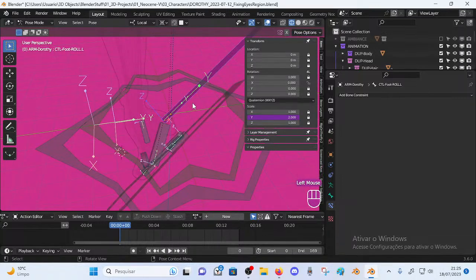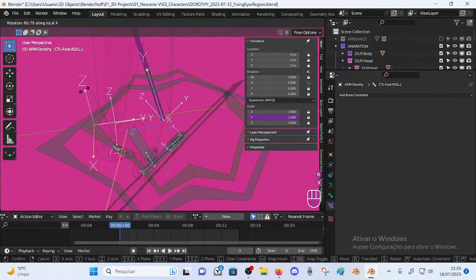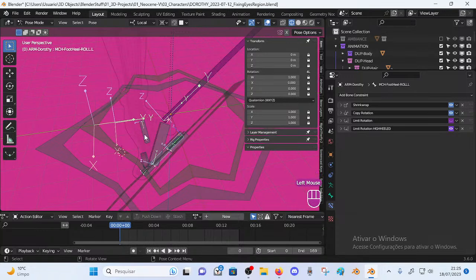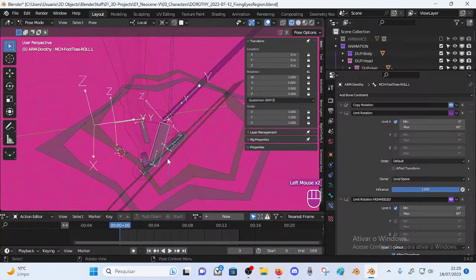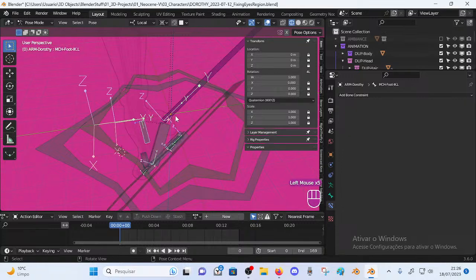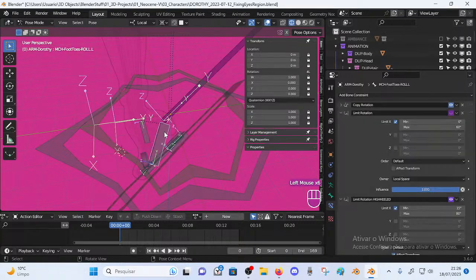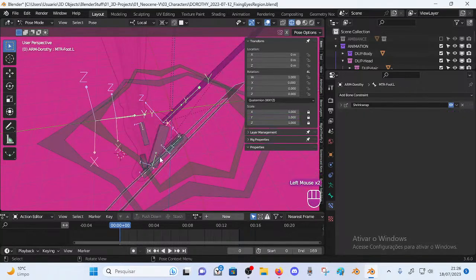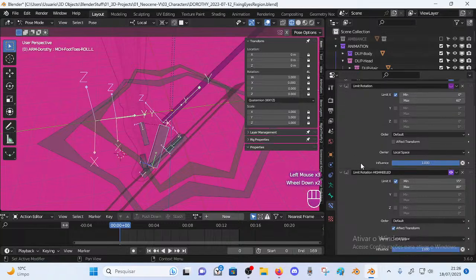If it's already on a start position like that, the limit for doing that should be lesser, and perhaps here it should be different too. And so this must affect the foot heel and the foot toes roll. Yes, foot heel roll, foot toes roll. They work inversely, and we could check in detail here.